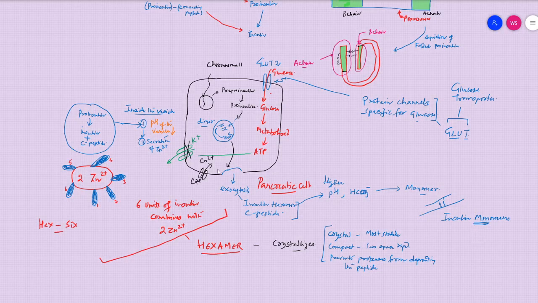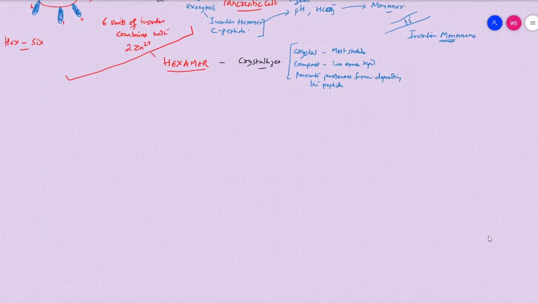So overall, this is the regulation of insulin release. Whenever blood glucose increases, the pancreatic cell releases insulin, and that insulin monomer acts on different cells, bringing about the action of insulin.